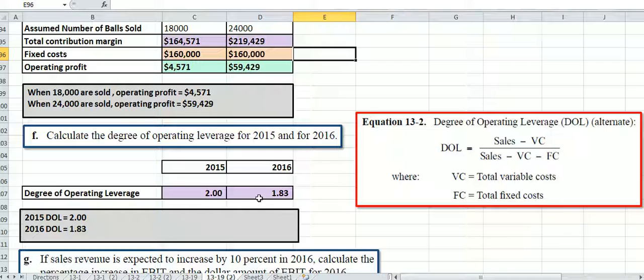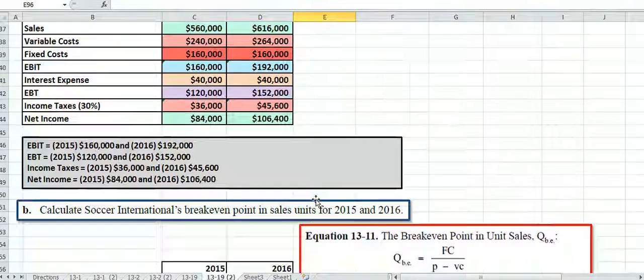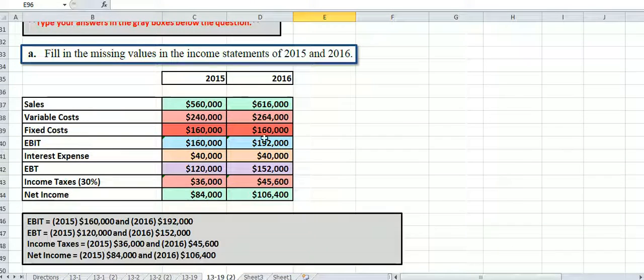So you can see that going from 2015 to 2016, the operating leverage gets lower. Why is that? Well, if we go way back up here and look, we can see that fixed cost did not change. However, variable cost was higher in 2016 than it was in 2015.